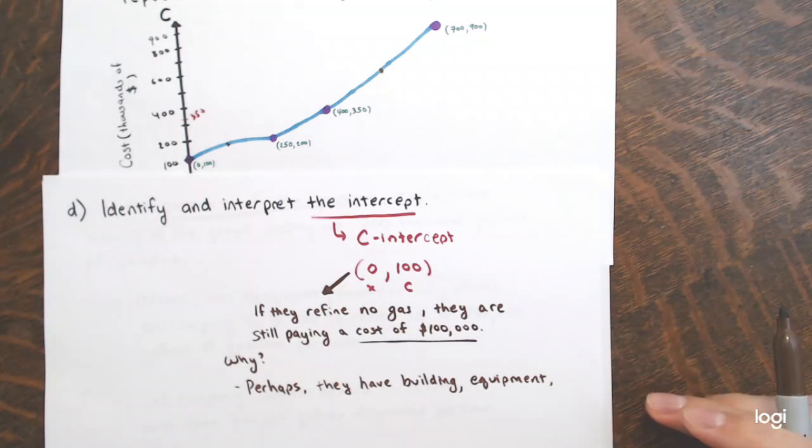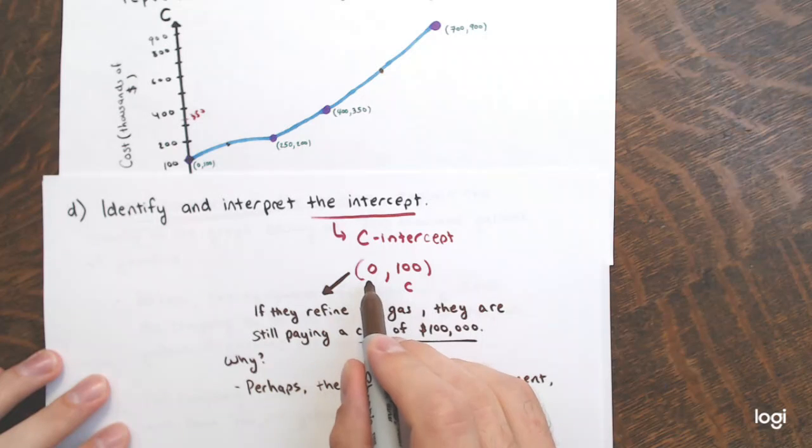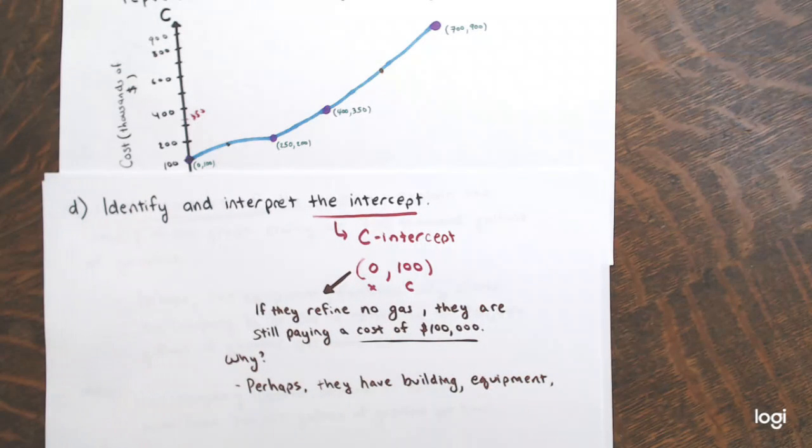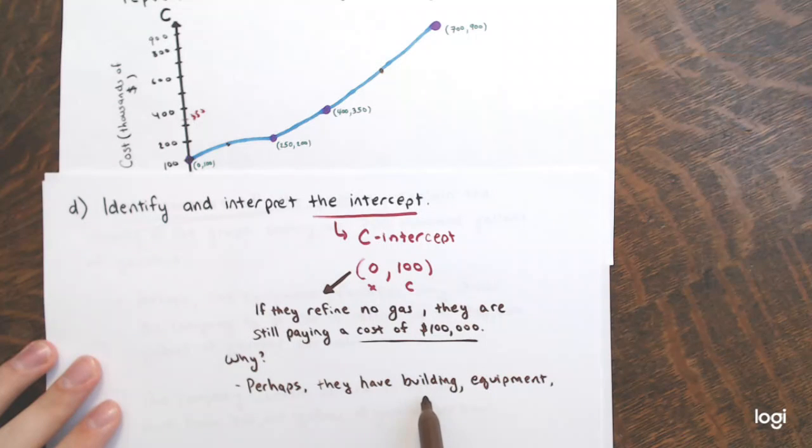Now, obviously, if nothing happens after an hour or so, I'd be like, hey, you're all fired. But in the beginning there, when they start off refining no gas, they have these building costs, possibly equipment costs, and perhaps they have also labor costs, the costs of all these people they've brought in to refine the gas.